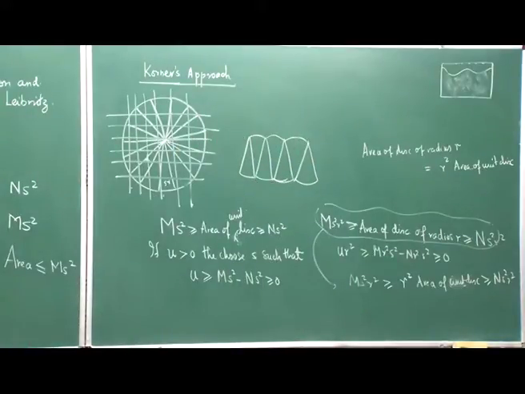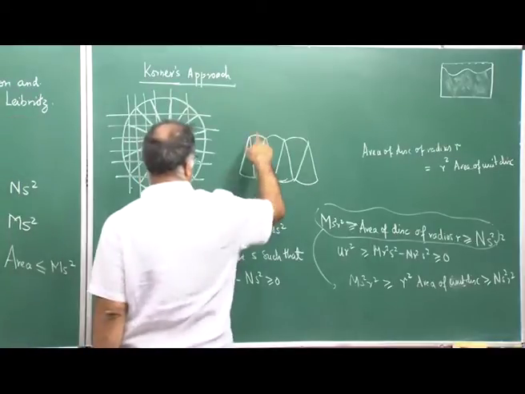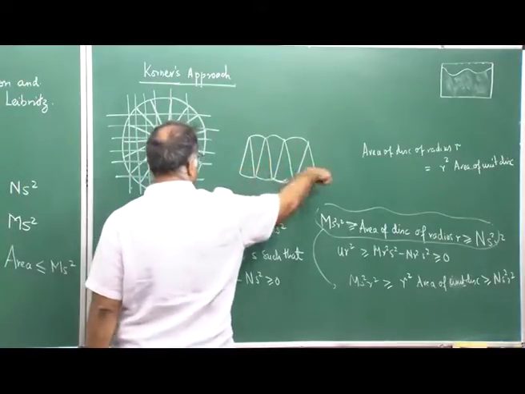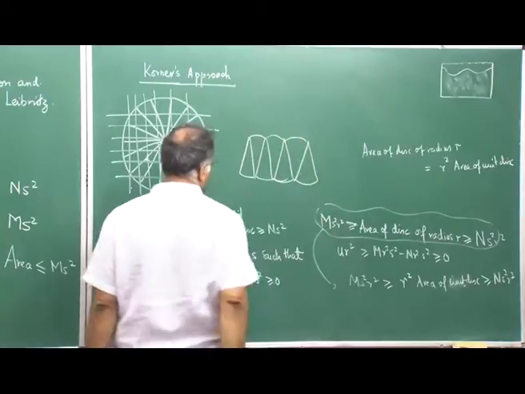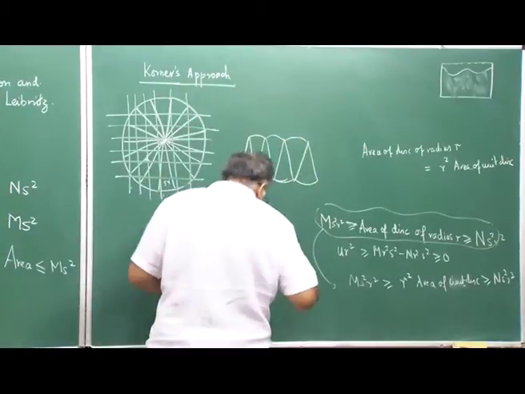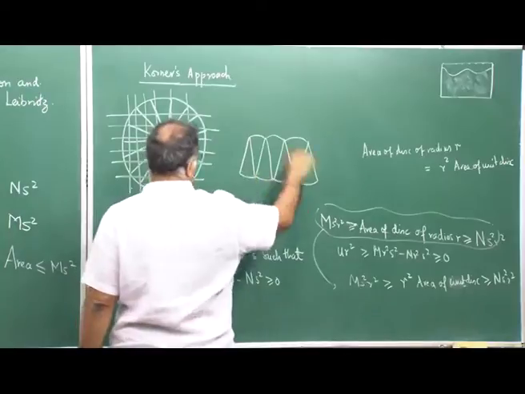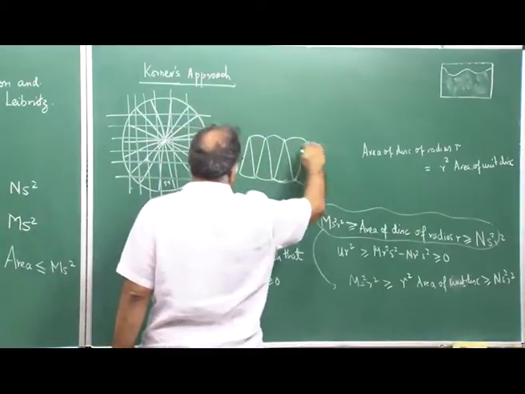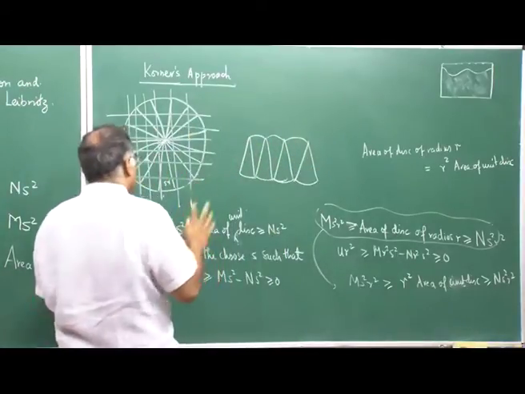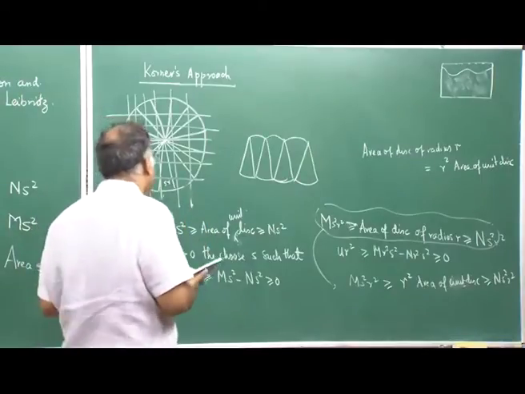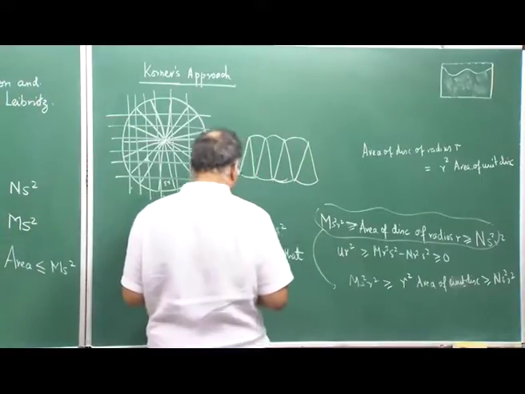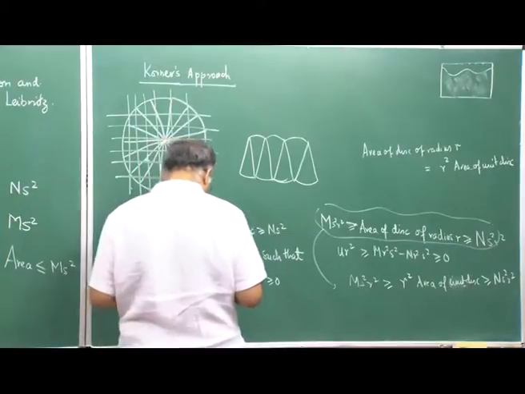Now, how does it help? If you look at this cake that has been put on the table from the top, it can be viewed, very roughly, as an approximation of a rectangle. Not really, but let us just view it that way.